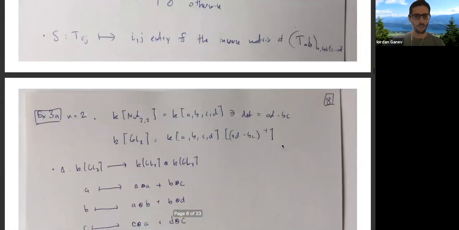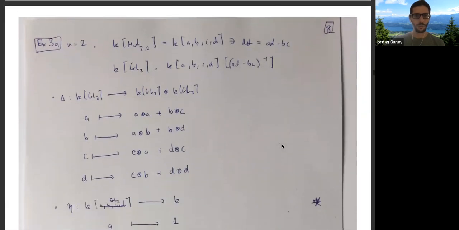Okay, so what does this look like when n equals 2? Well, it's easy to write down. Things are easier to write down when n equals 2. If these correspond to the entries of the matrix, then the determinant would be this function AD minus BC. And functions on GL2 is just this polynomial algebra localized at this element.